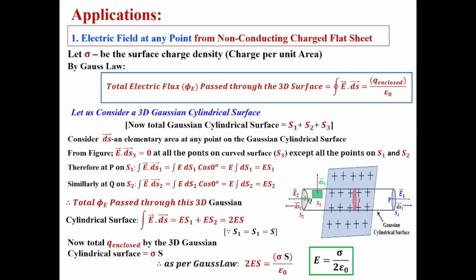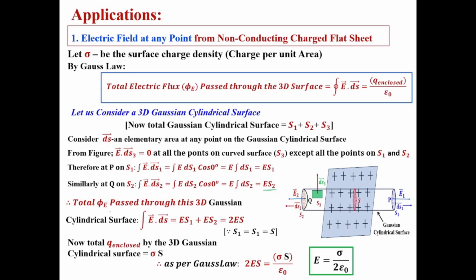If we consider a small elementary area ds2, the direction of ds2 is along this direction and E also along this direction, so the angle between them is 0. So the total flux passing through this S2 surface area, which is at Q, will be ES2.